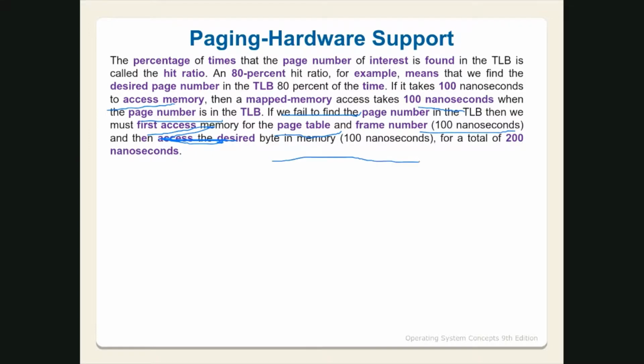So 100 plus 100, you end up with 200 nanoseconds. If there is a hit, 100 nanoseconds. If there is a TLB miss, it is 200 nanoseconds, double the time. I told you already, having a TLB is faster. The buffer is faster than the memory. So you can understand from this idea.